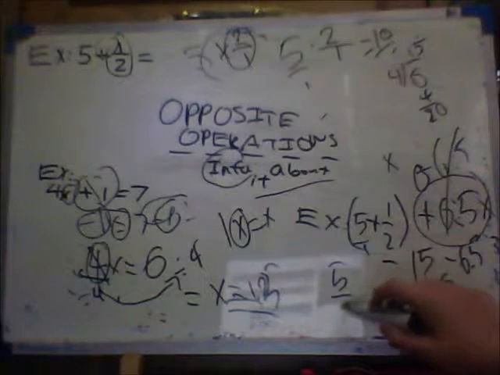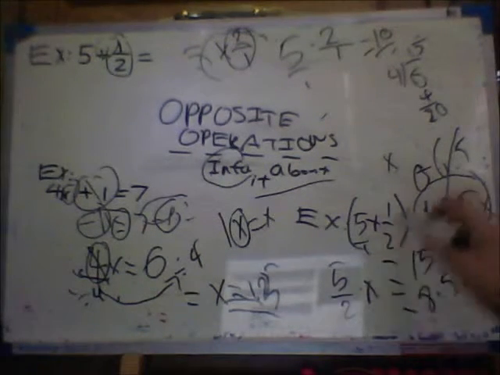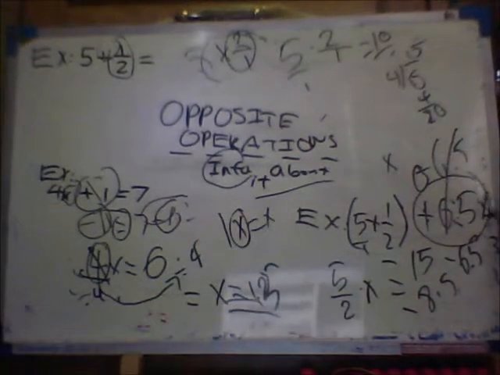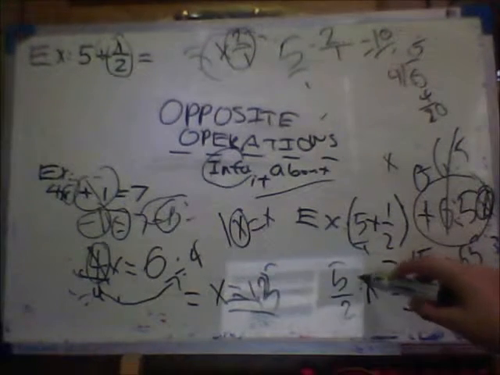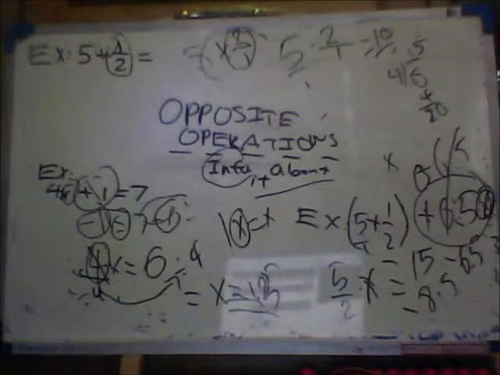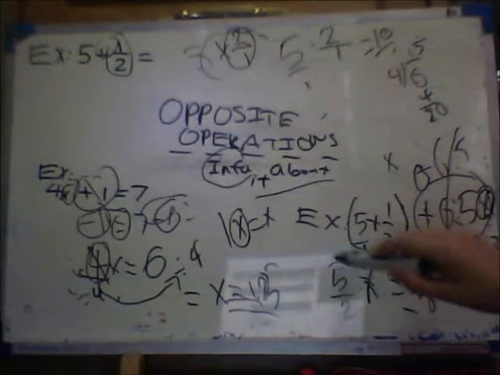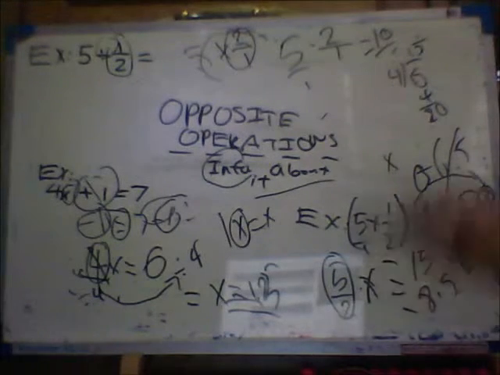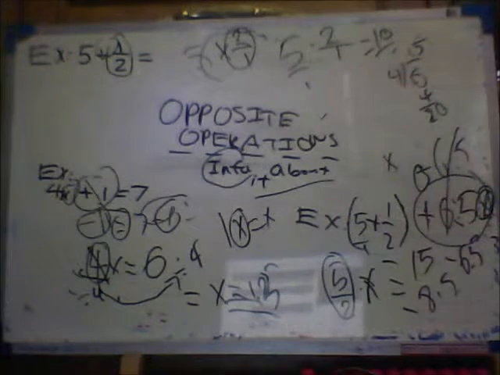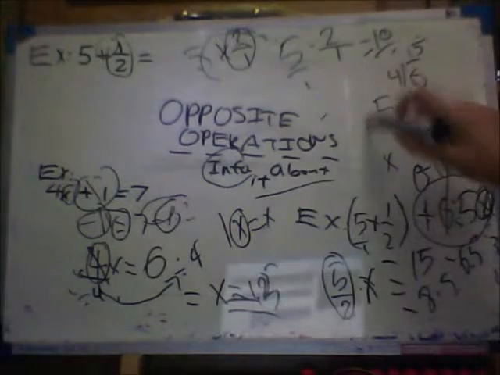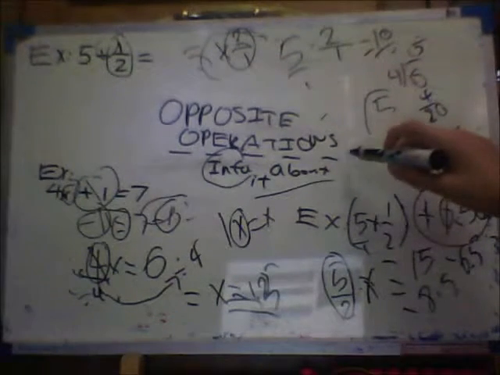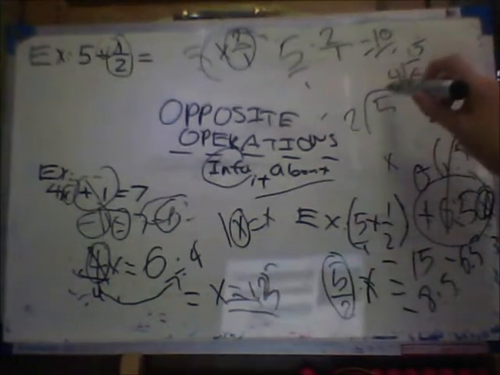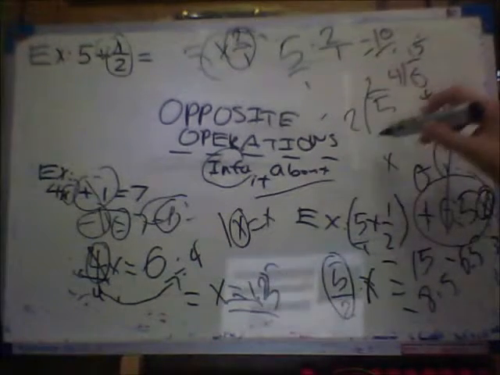5 over 2 times x, because there's a bracket and there's an x over here. So 5 over 2 times x equals 8.5. You might want to change this into a decimal, which is 2 point something.